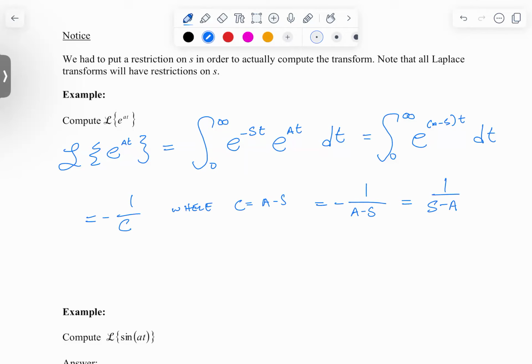And the restriction: we had c below 0, which now becomes a minus s below 0, which becomes s greater than a.